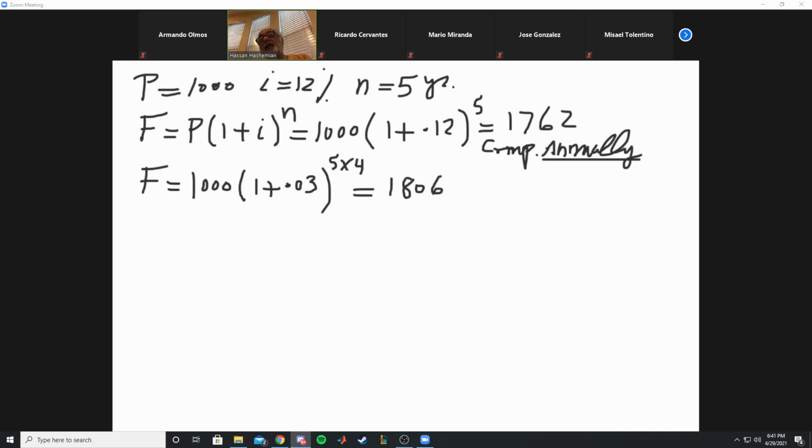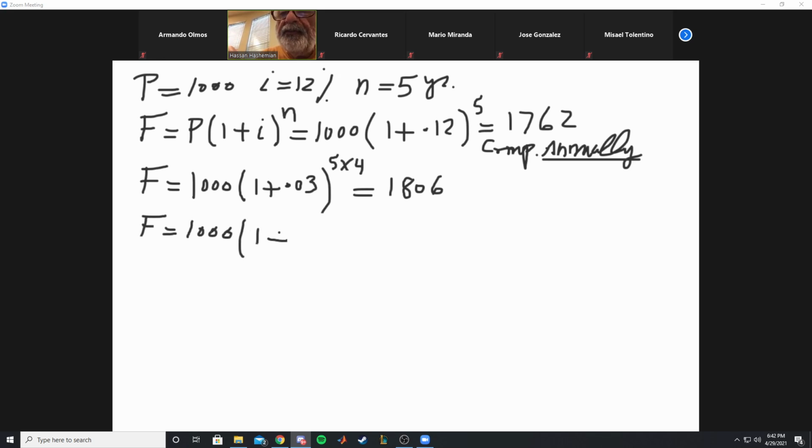As you are seeing here, again, you get more money because every 3 months you get interest on interest. Now somebody says, I want to do monthly. So this will be 1,000.